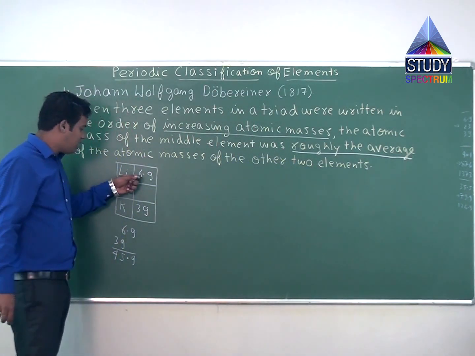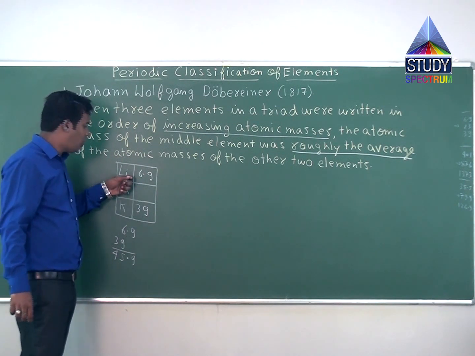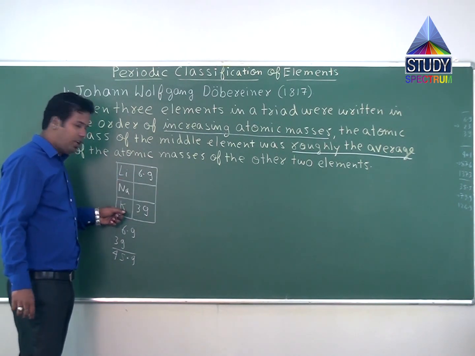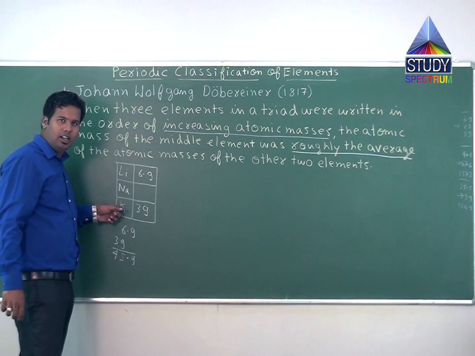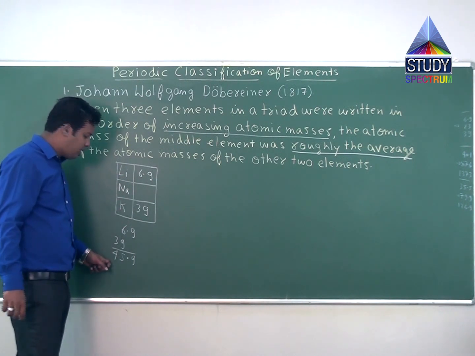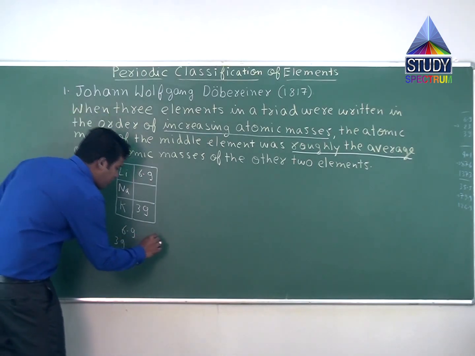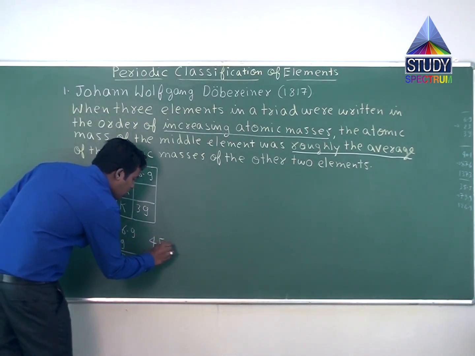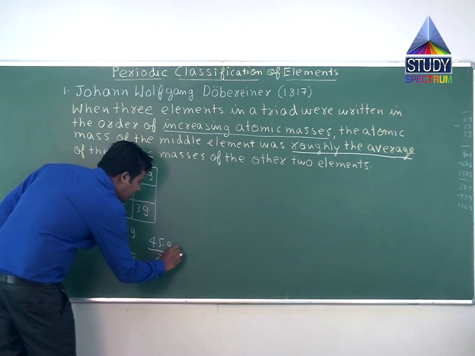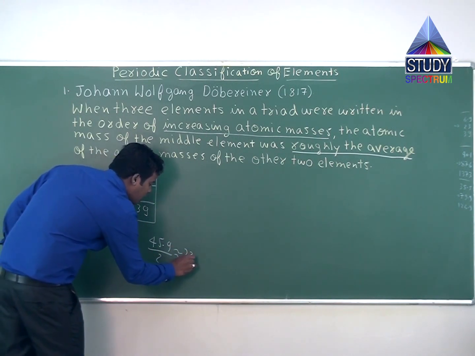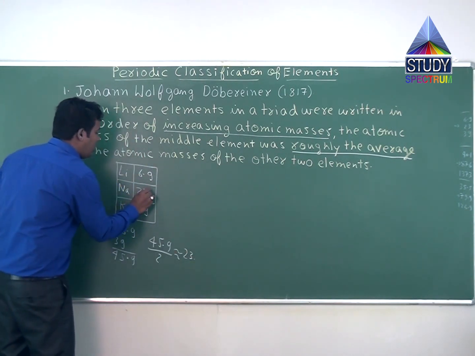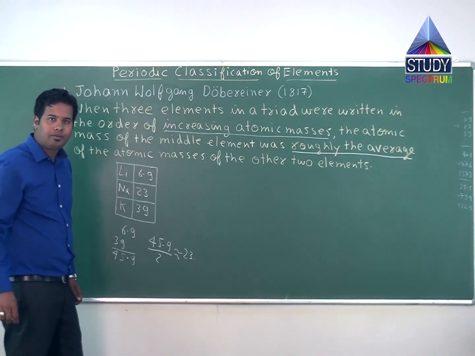If you add 6.9 and 39, the atomic masses of lithium and potassium respectively, it comes out to be 45.9. If you divide this 45.9 by 2, it roughly comes out to be 23, and that is the atomic mass of sodium.